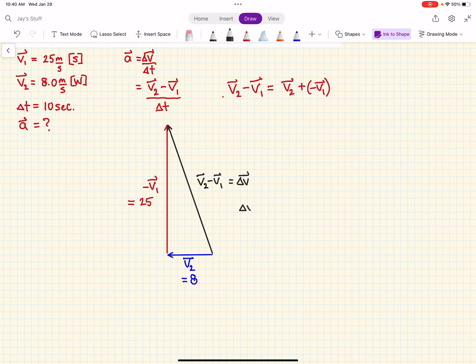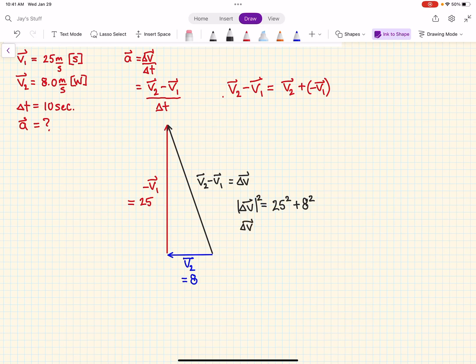So delta V magnitude, the magnitude squared is just 25 squared plus 8 squared. That's just Pythagorean theorem.